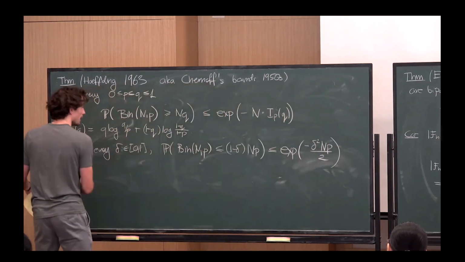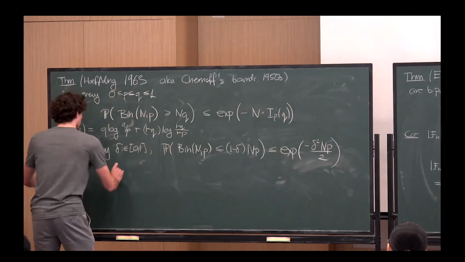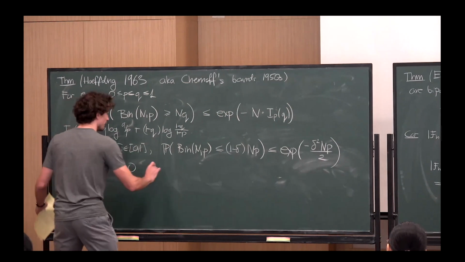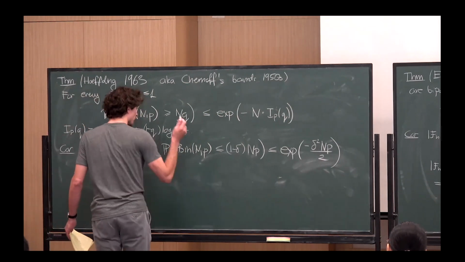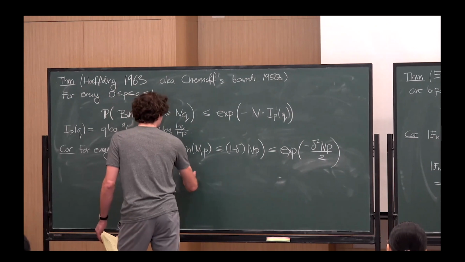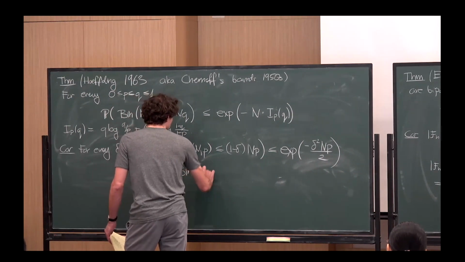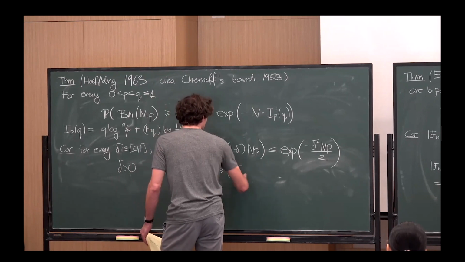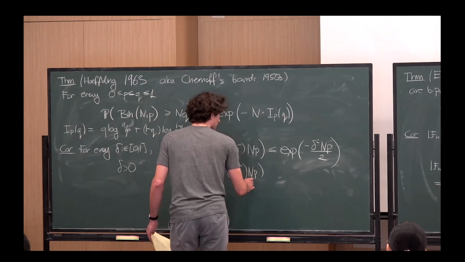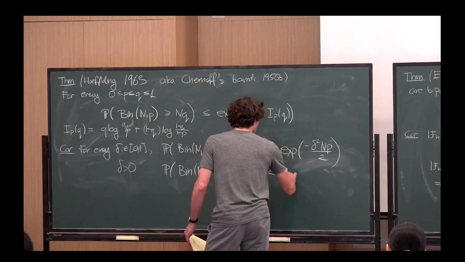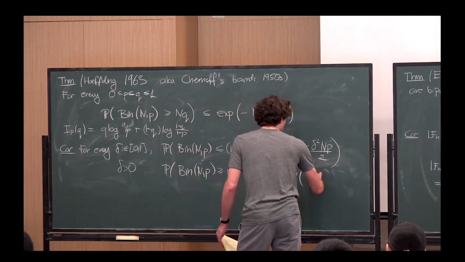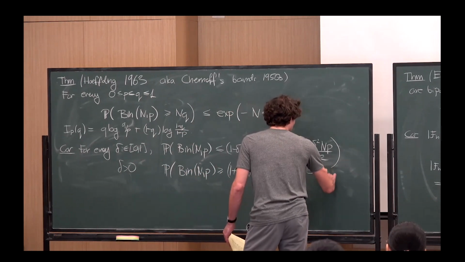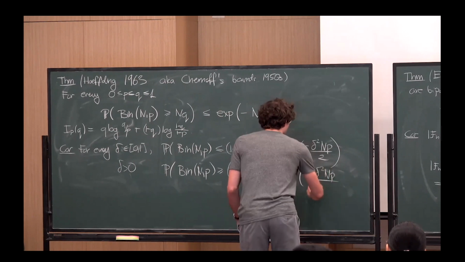And for every positive delta, for deviations in the upper tail, the probability of overshooting the expectation by 1 plus delta is at most exponential in minus delta squared np divided by 2 times (1 plus delta over 3).